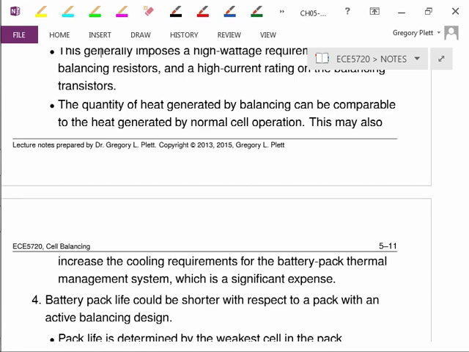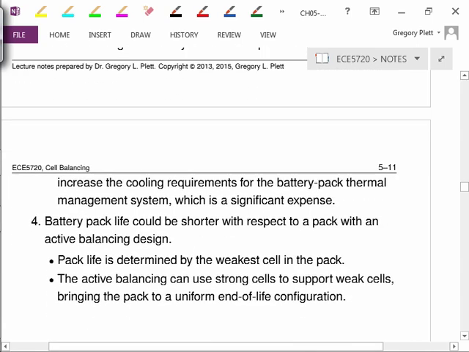And we have to factor this into our design of our cooling system, that I have to be able to take away a certain number of watts of heat from normal operation, but also from balancing operation. And the thermal management system is a significant expense in the battery pack. It's not a small expense. And if I had to double its size, that's a big design consideration.